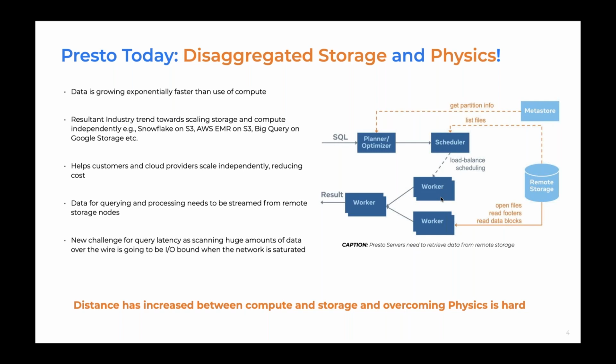Then scheduler schedules these files, the workload, to different workers, and it does so in a way that load balancing is taken into account. And then each of these workers opens these files, reads footers, and does various things. And then finally, the results are computed and returned back. Each of these IO calls can be expensive and are causes for huge query latencies for different workloads.